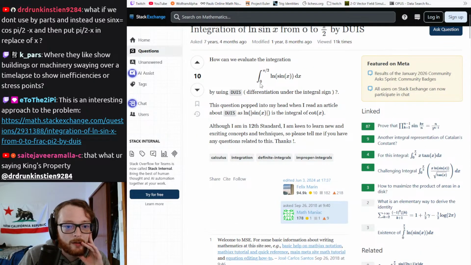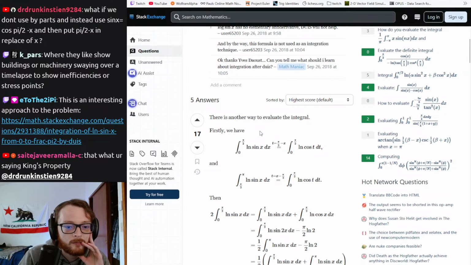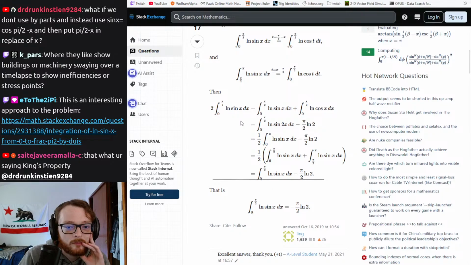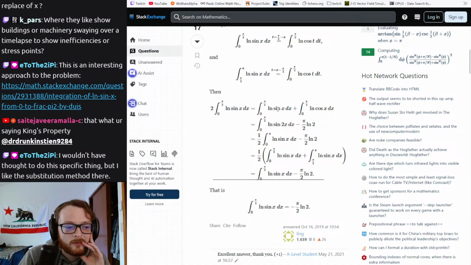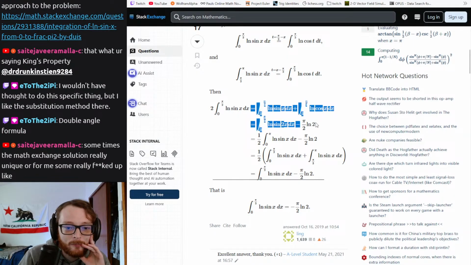Oh, hmm? This person isn't a fan of showing their work. Why does this integral evaluate to minus pi over 2 ln2?